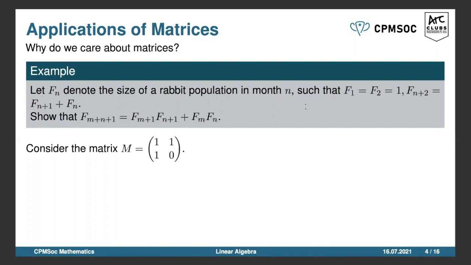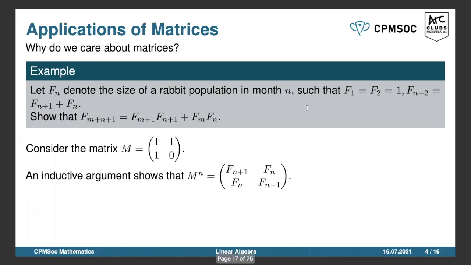And believe it or not, matrices come into this. So let's have a look at this interesting matrix 1, 1, 1, 0. It's quite a simple looking 2 by 2 matrix, but a lot of powerful things can be achieved using this simple matrix. Okay, so let's go to the next dot point.